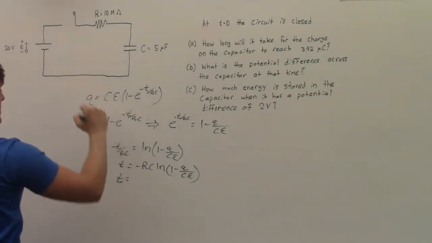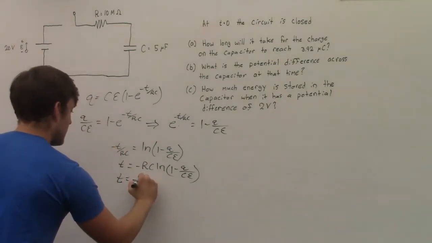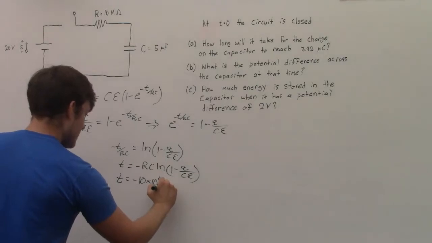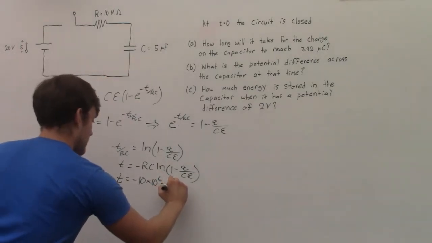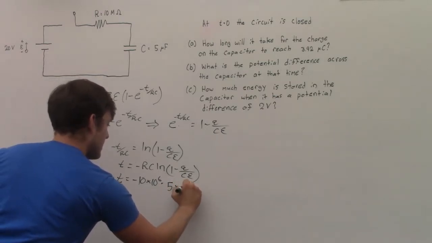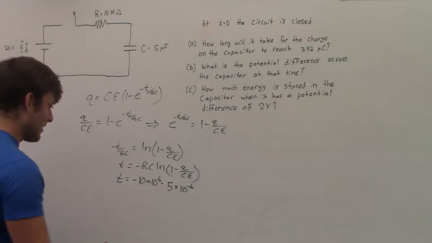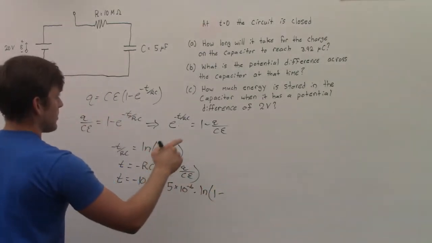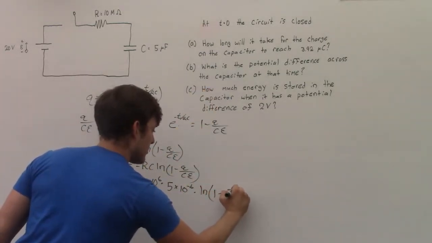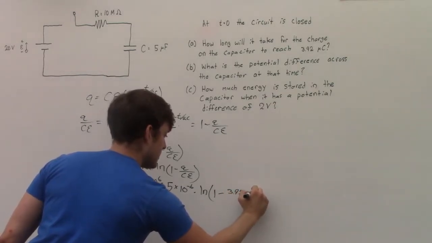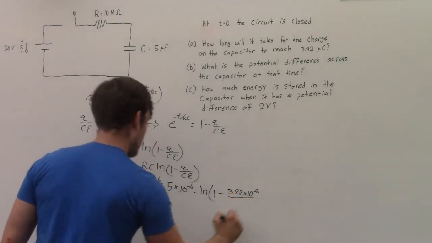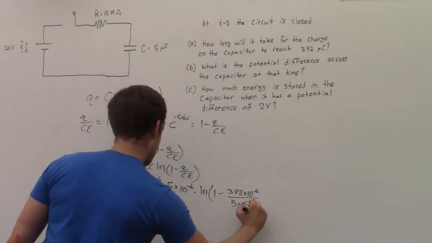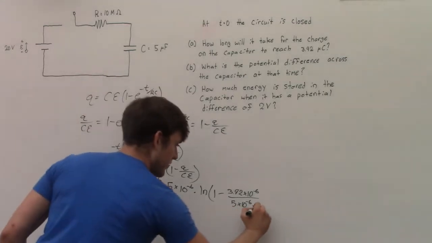Okay, now plugging in our numbers, let's see. R, the resistance, is 10 mega ohms, so that's minus 10 times 10 to the 6 ohms, times our capacitance, which is 5 microfarads, so that's 5 times 10 to the negative 6 farads, times ln of 1 minus, our charge is 3.92 microcoulombs, that's times 10 to the minus 6, over 5 microfarads times our EMF, which is just 20 volts.